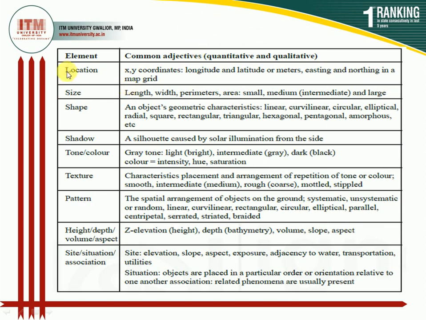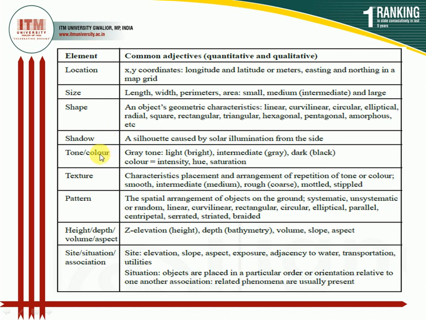In the location, what we have to consider is the latitude and longitude position. In the size, we have to see its length, width, perimeter, and area. About the shape, objects can be of various shapes like linear, circular, square, rectangular. When we talk about shadow, we have to see in which direction the shadow is falling and what the length of a particular shadow is.